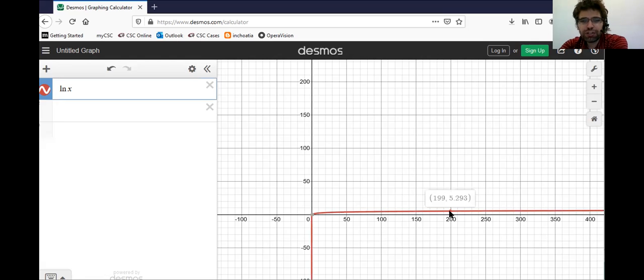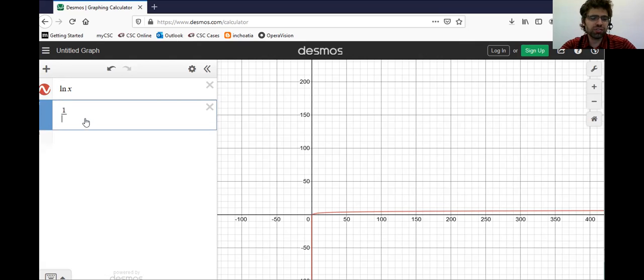And of course, the reason for this is that the derivative of the natural logarithm is 1 divided by x, and 1 divided by x is getting closer and closer to 0 as x increases.